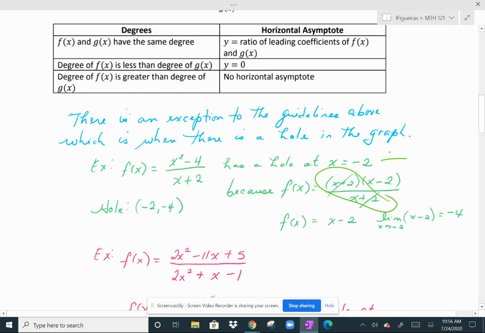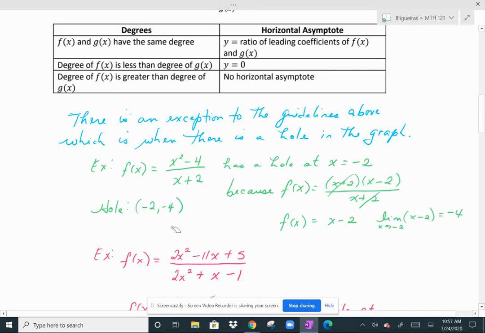So x equal to negative 2 has a hole, but you know what the hole is by taking the limit as x approaches negative 2 and plugging it into what's left, which is the x minus 2. So when you plug that in, you get negative 4. So you have a hole at negative 2, negative 4.